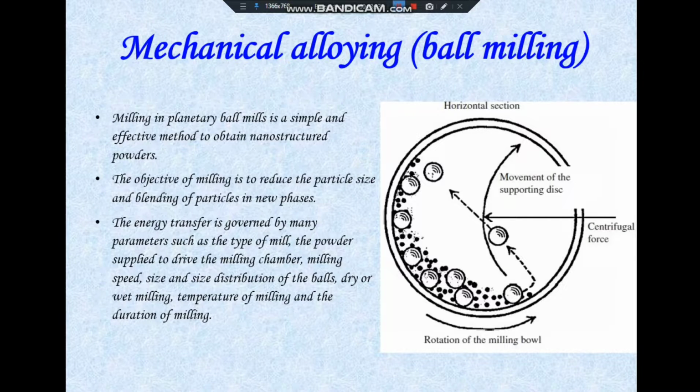The energy transfer is governed by many parameters such as the type of mill, the powder supply to drive the milling chamber, milling speed, size and size distribution of the balls, and the type of milling, dry or wet, then finally the temperature of milling and the duration of milling.